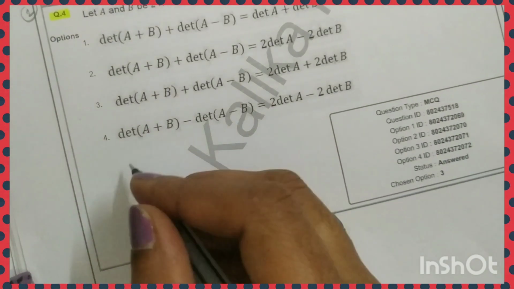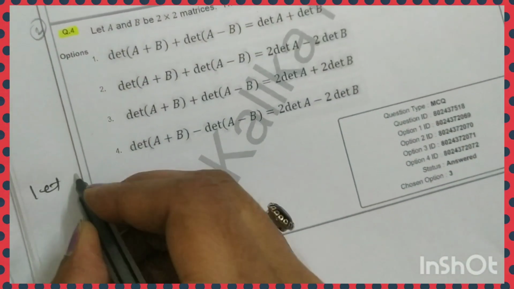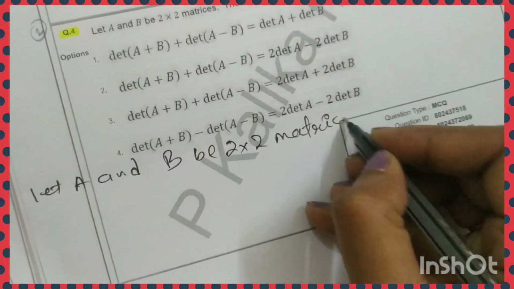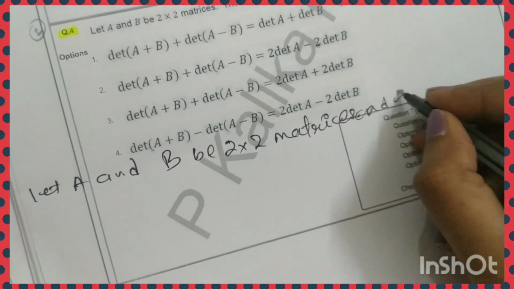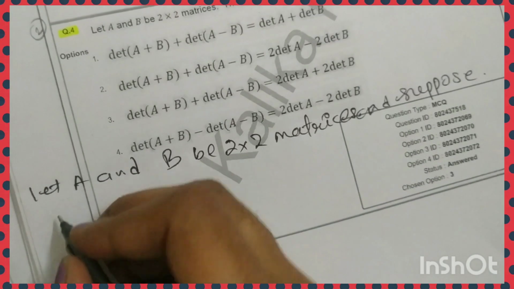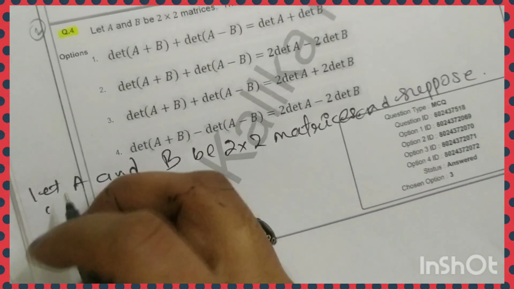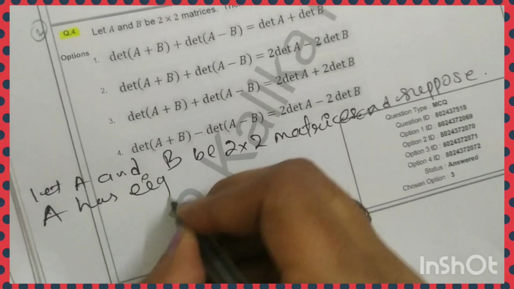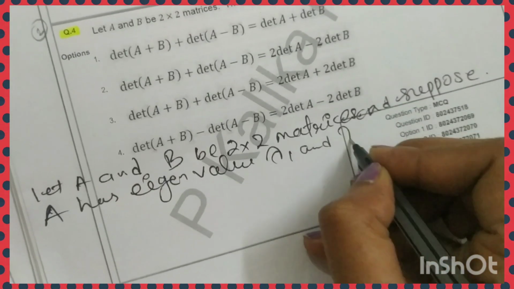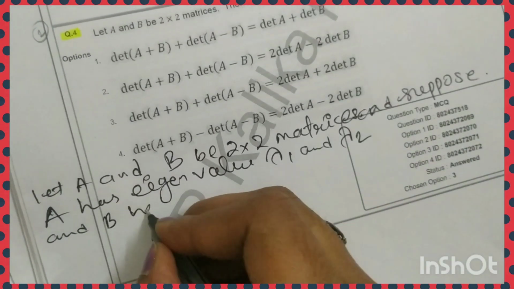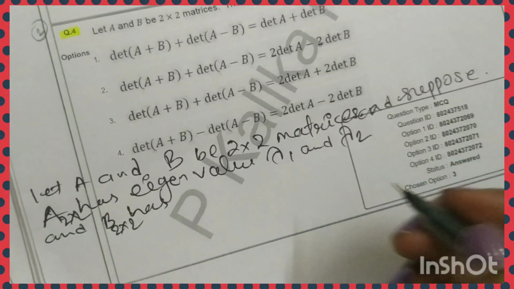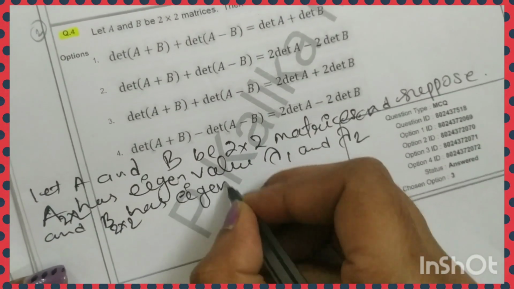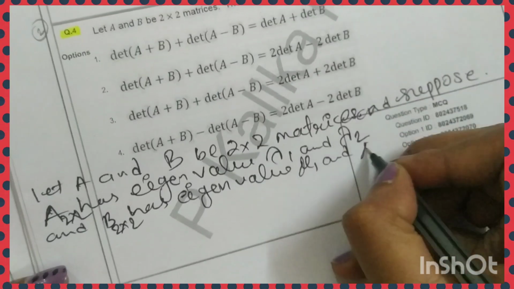So let A and B be 2 by 2 matrices, and suppose A has eigenvalues lambda 1 and lambda 2 and B has, because it is 2 by 2, at most two distinct eigenvalues हो सकते हैं. So B has eigenvalues μ1 and μ2.